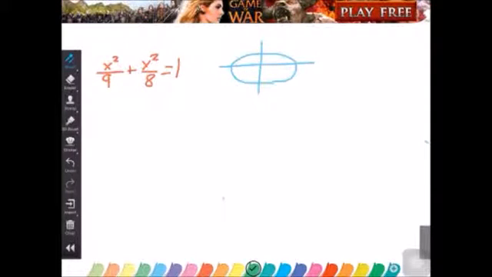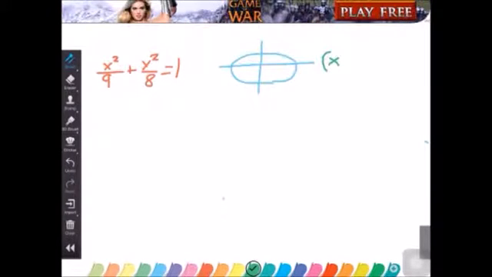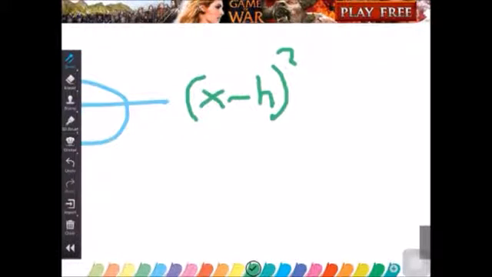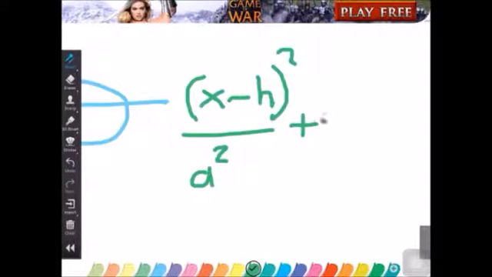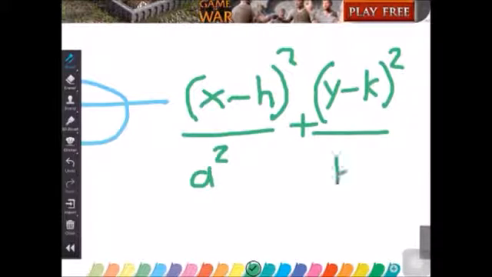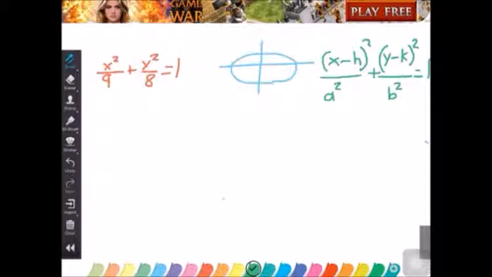And so the equation of an ellipse, or a horizontal ellipse for this matter, is x minus h squared over a squared plus y minus k squared over b squared equals 1. So that's our equation of an ellipse.